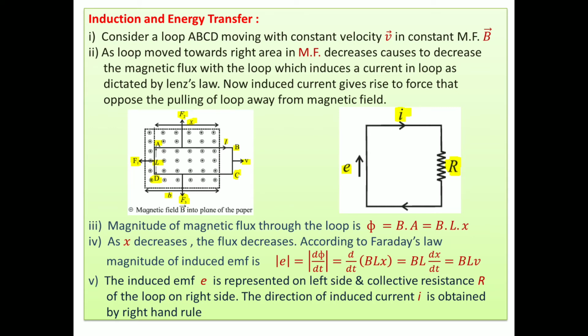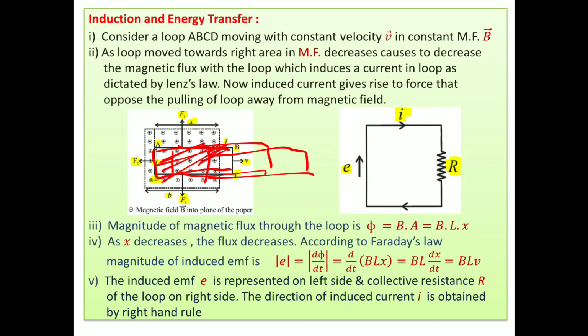Same things are there. As the loop moves towards right, what happened there? Look here, this loop is moving towards right. Then what happens? The area of the loop inside the magnetic field goes on decreasing. Look, initial area is this much.